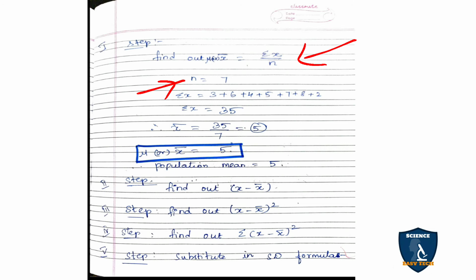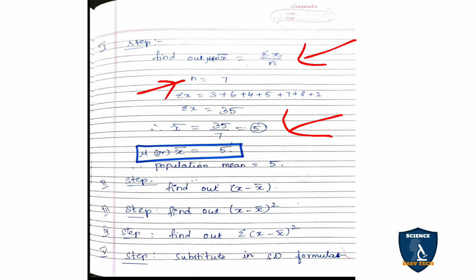The summation of x comes to 35. Substituting in the formula, x bar is 35 divided by 7, which is equal to 5. This x bar is nothing but the population mean, mu. So the mean is equal to 5.